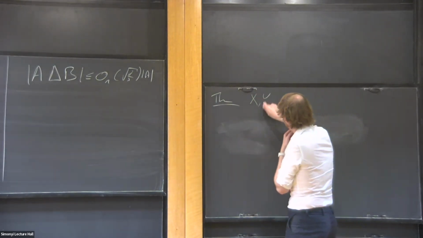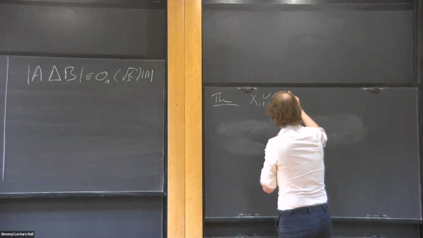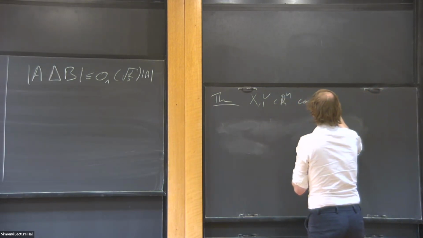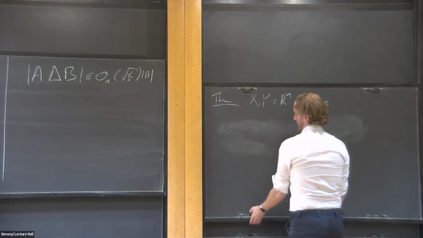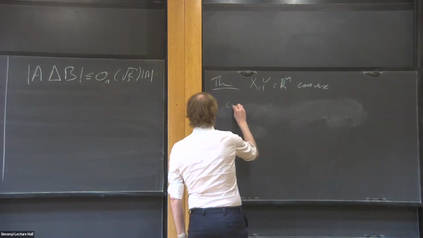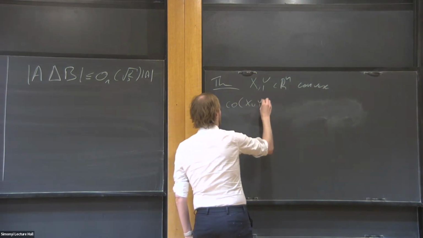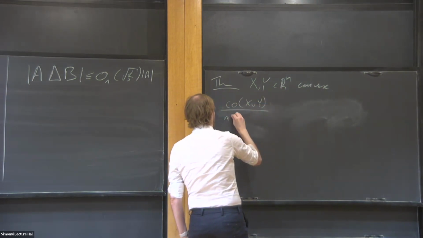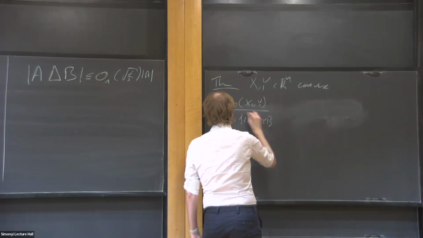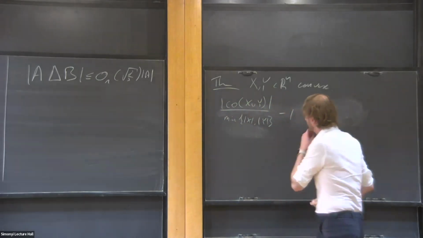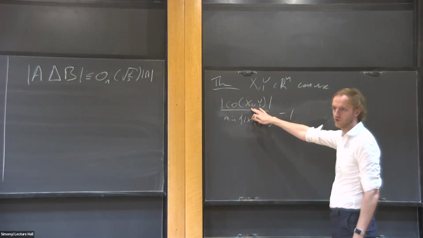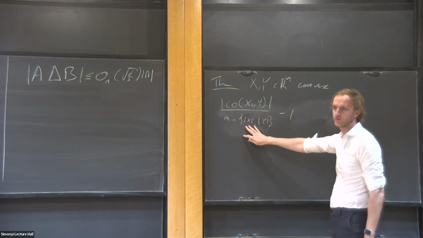It's saying that if I take two sets in R^n, and let's say for a second that they're convex, then I can bound the size of their joint convex hull in the following way. The size of their common convex hull normalized by the smallest of the two.